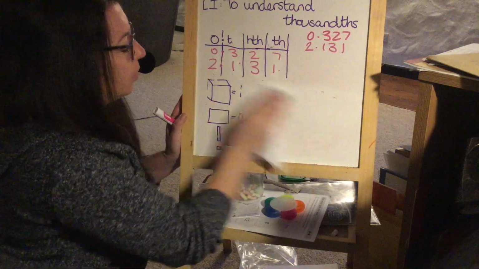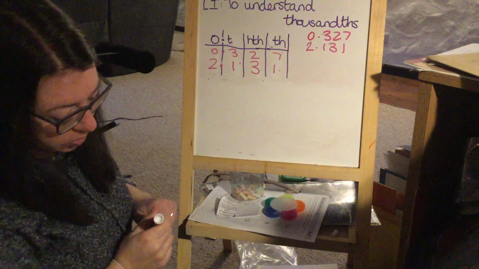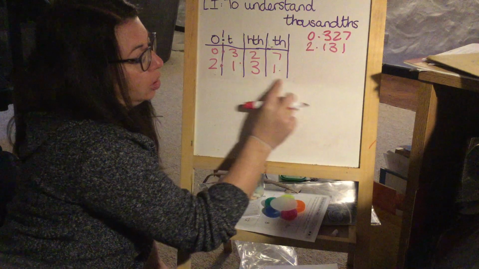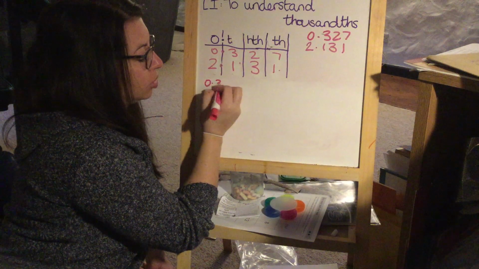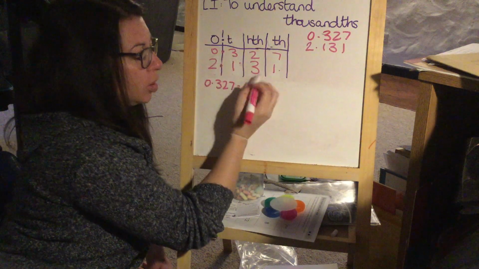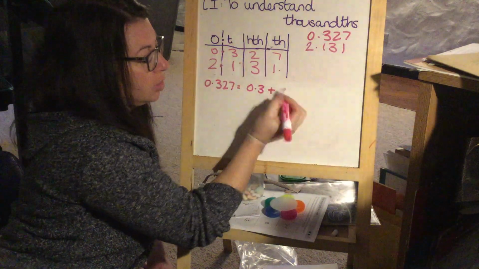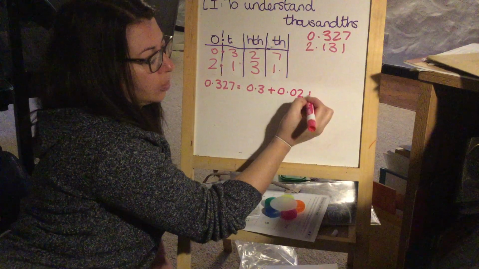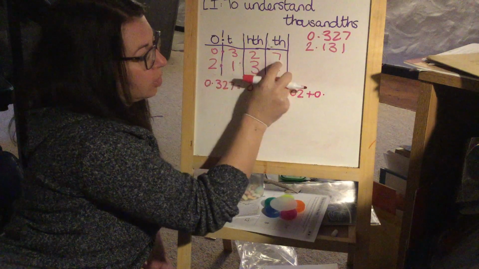Working with the same numbers, a bit like you did last week, you're going to be asked to partition. Break your numbers up into each individual column. So 0.327 equals, we're going to do each column one at a time, 0.3, which is that one, plus 0.02, plus 0.007.